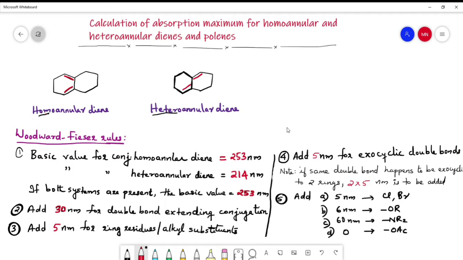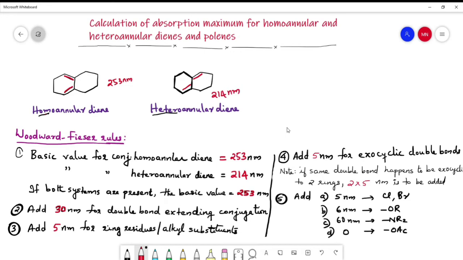For conjugated homoannular compounds, it is 253 nanometer, which is higher than that of this one. The heteroannular diene contributes a basic value of 214 nanometer.